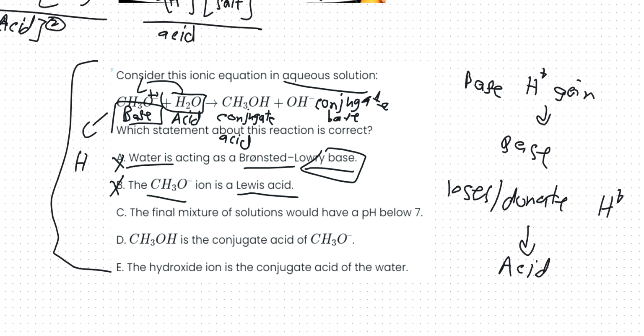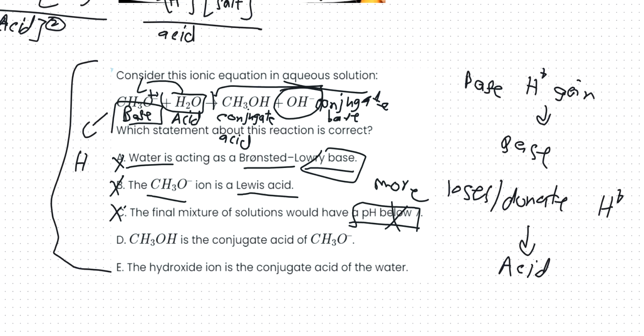C: the final mixture of solution would have a pH below 7. I have OH minus ions right here in my final mixture, and OH minus ions mean that the final solution would be very basic. So the final solution would have a pH lower than 7? No, it would be more than 7. So C is wrong as well.